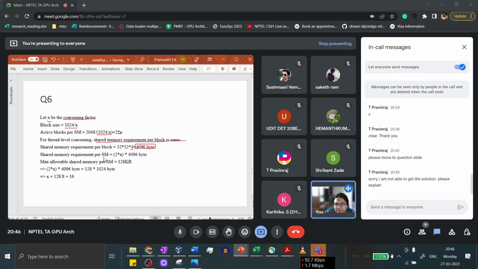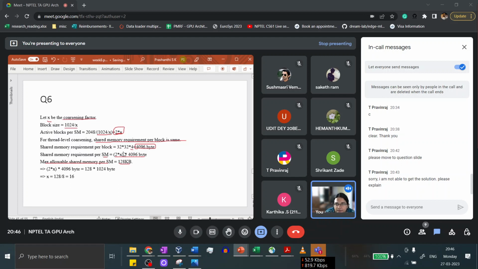So per SM, how much shared memory do you need? It would be number of blocks per SM into shared memory per block. Shared memory per block we've just calculated. Number of blocks per SM is 2x. So shared memory requirement per SM is 2x into 4096 bytes. And the max allowed shared memory per SM as per hardware is 128 KB.